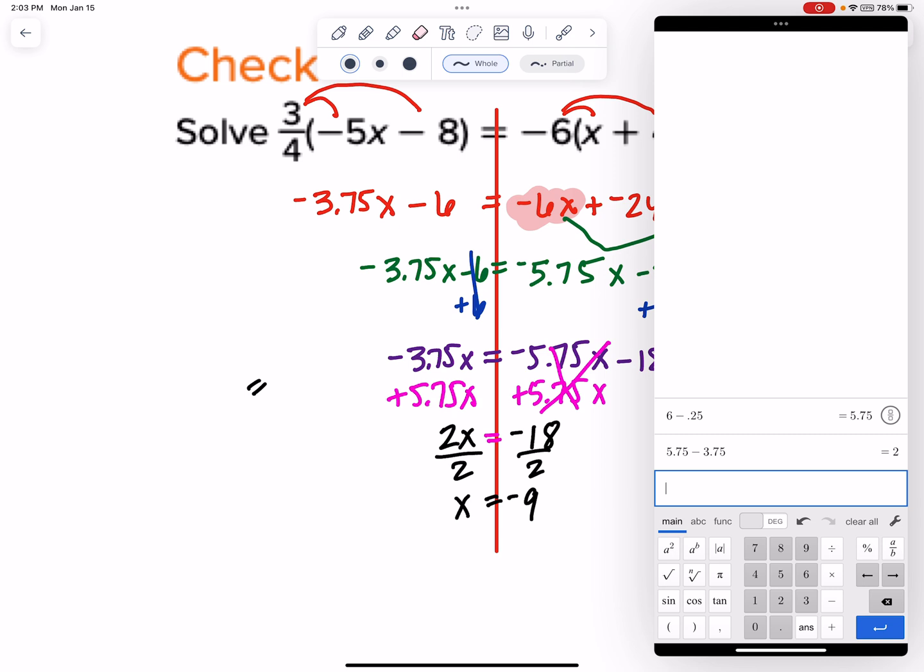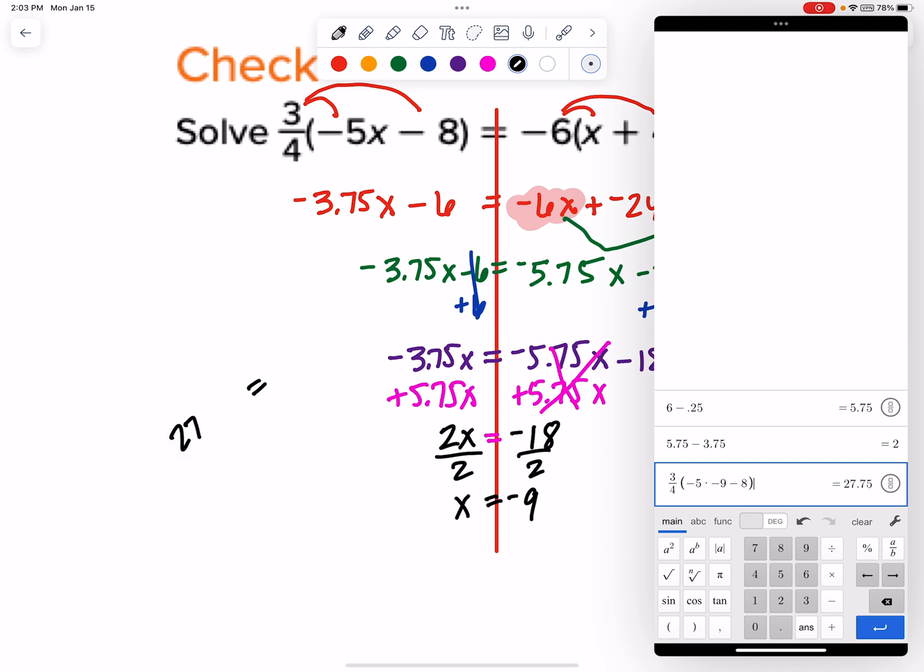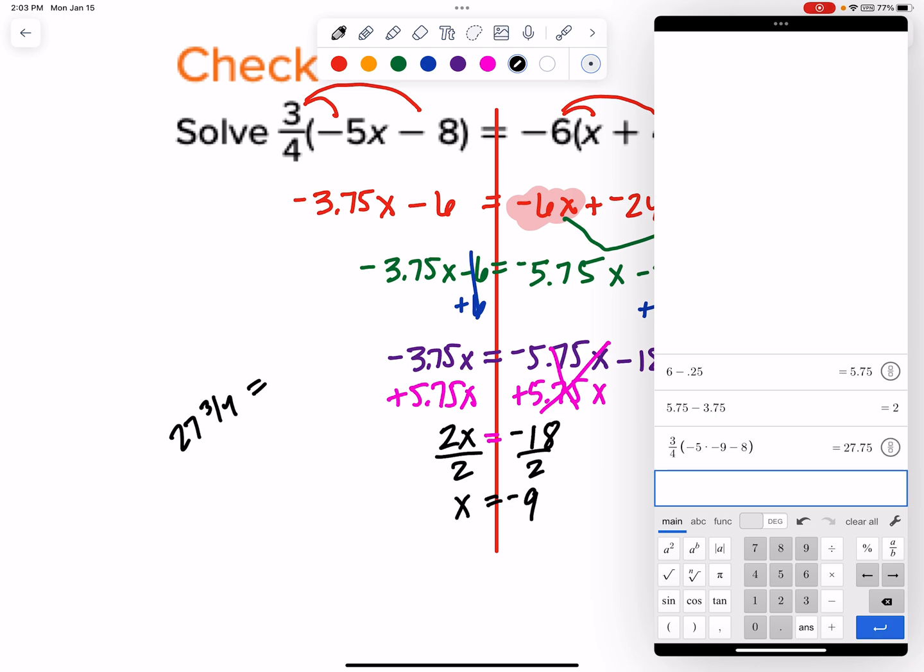Okay? So we have our fraction of 3/4 times the quantity of -5 times -9 minus 8, close parentheses. Okay, so we have 27.75, or 27 3/4, equals, let's test the other side now.